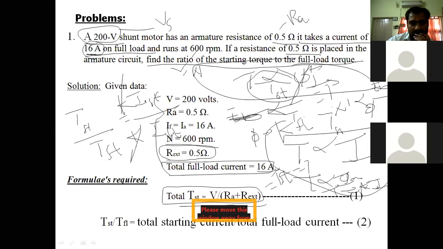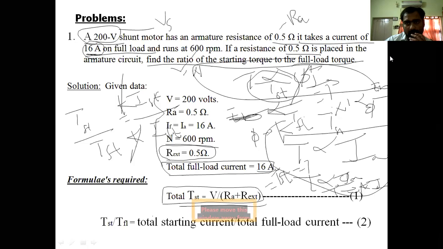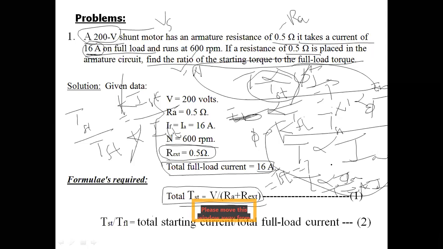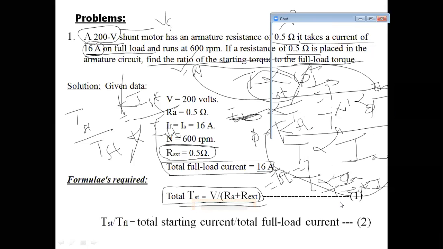So just place the starting current and the full load current. What is the answer? Yes, 12.5. Right.